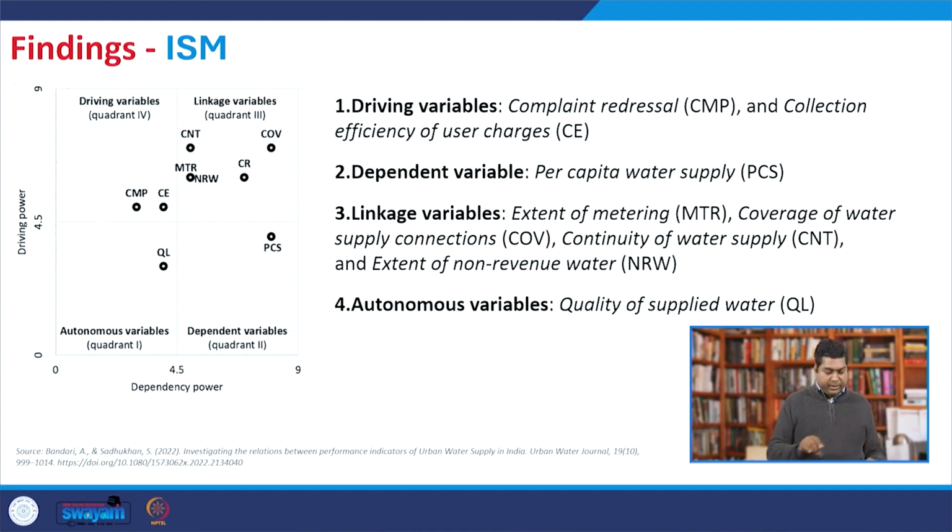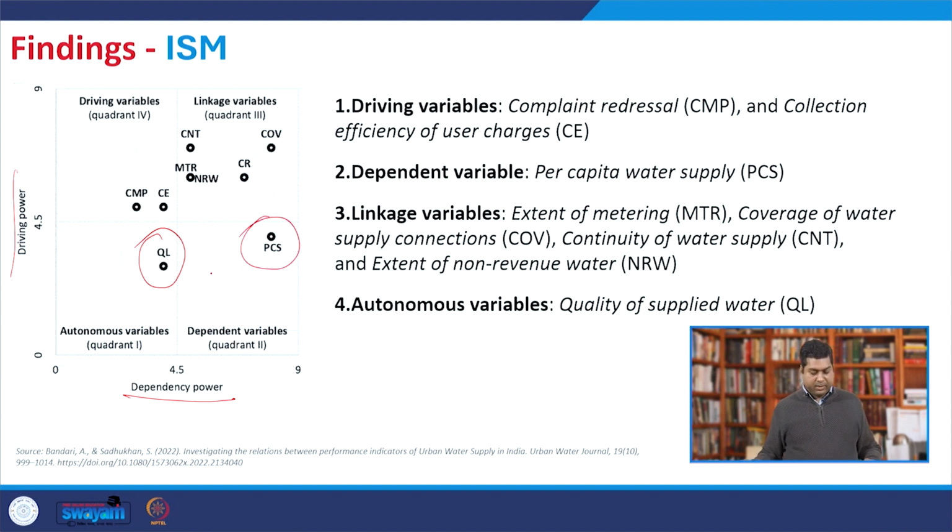This is the final plot where we have dependency power on one axis and driving power on the other, and here we divided it into 4 quadrants. Quadrant 1 is the autonomous variables. There we found, based on the expert opinion, that the quality of water, QL, is actually autonomous.